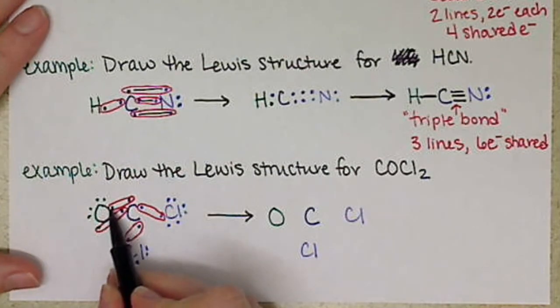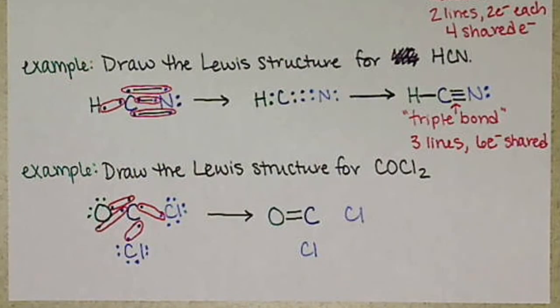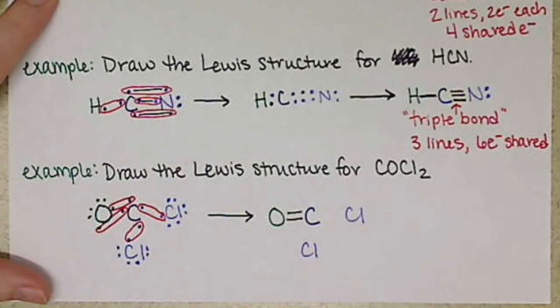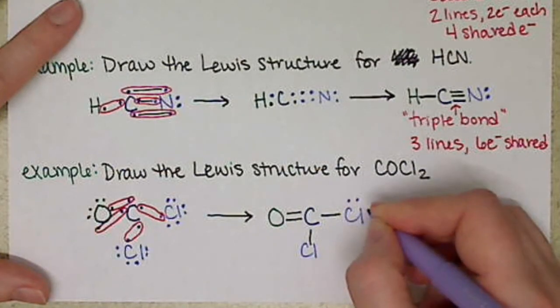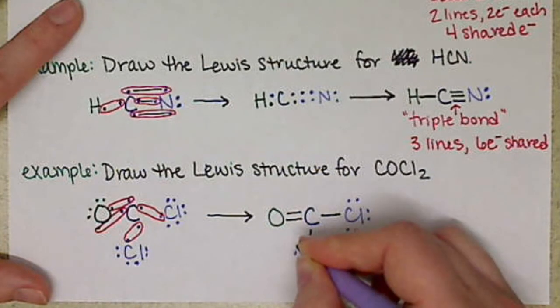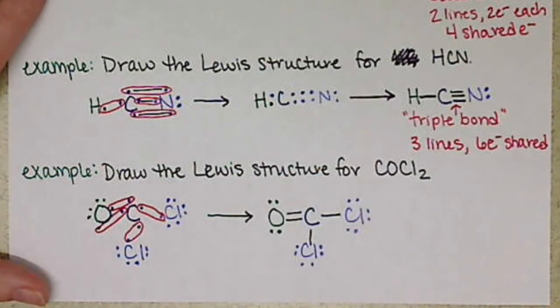So we have the 2 shared electrons of each between oxygen and carbon, so a total of 4 shared electrons. That represents our double bond. Then we have single bonds to the chlorines. And I forgot lone pairs, so I want to include those on my atoms.